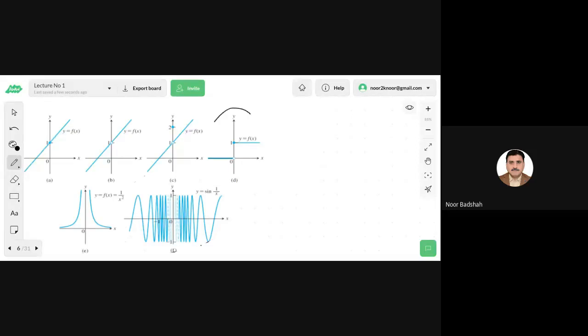While if you come back to part D, it has a jump at x equal to 0. It is continuous everywhere except 0, and there is a jump, right? So this type of discontinuity is known as jump discontinuity. I'm writing it shortly as JD. We call it jump discontinuity. We may call it permanent discontinuity.